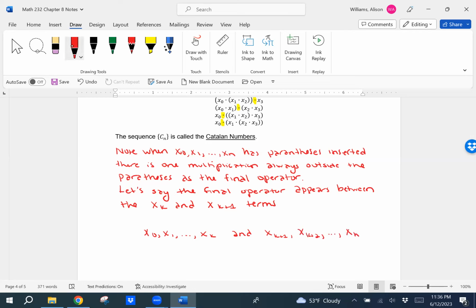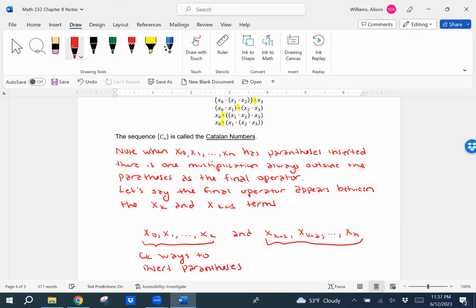All right. So there are c sub k ways to insert parentheses in that first set. But over here, we could do that too, but we have to know how many terms there are.